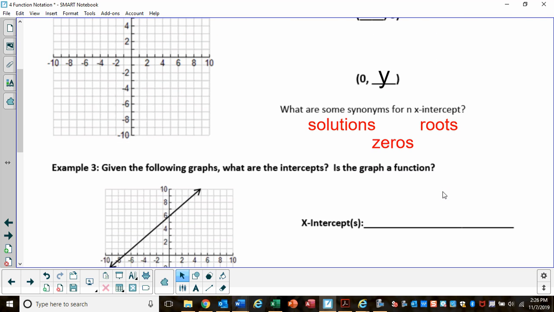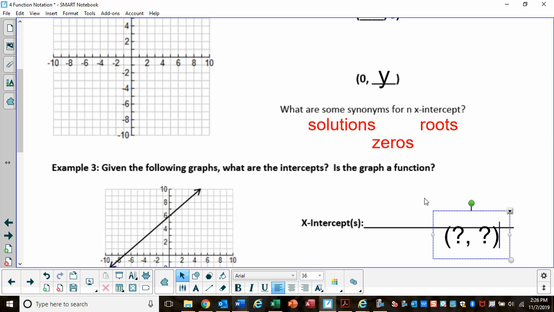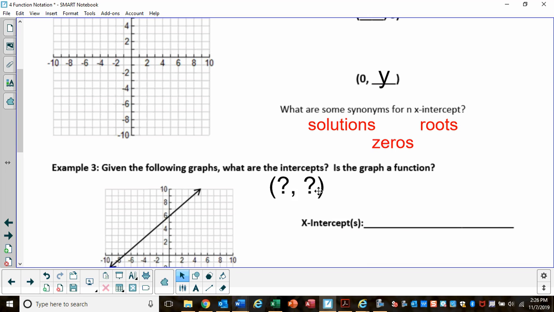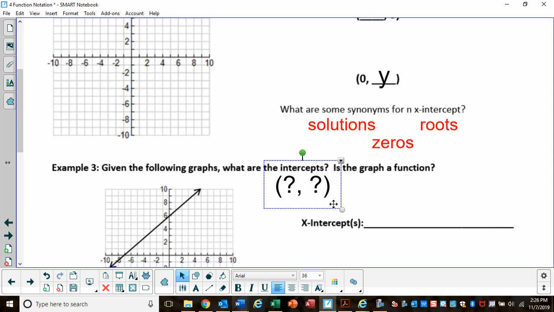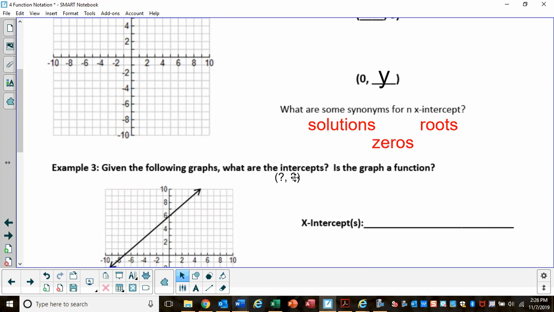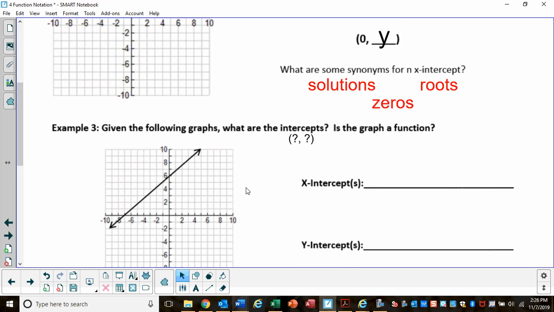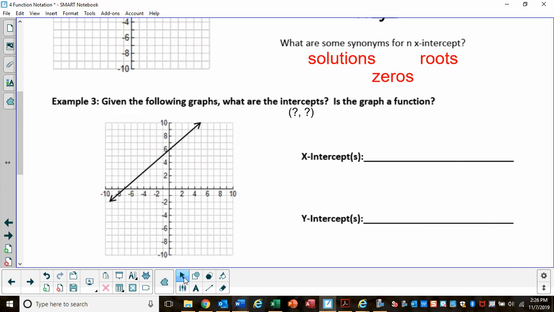So example 3, given the following graphs, what are the intercepts? So x and y. Whenever you see the word intercepts, you write it as an ordered pair. Alright? And then it's asking, is the graph a function? So if I look at this graph, I have to look for an x-intercept first.